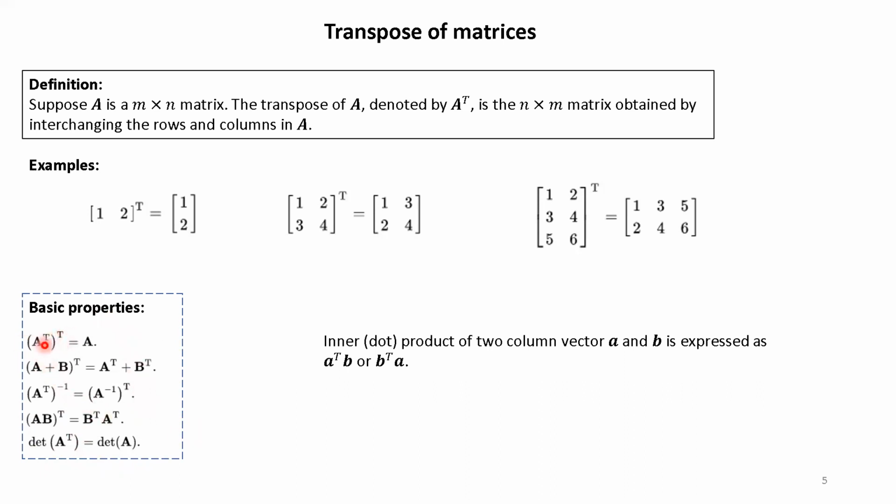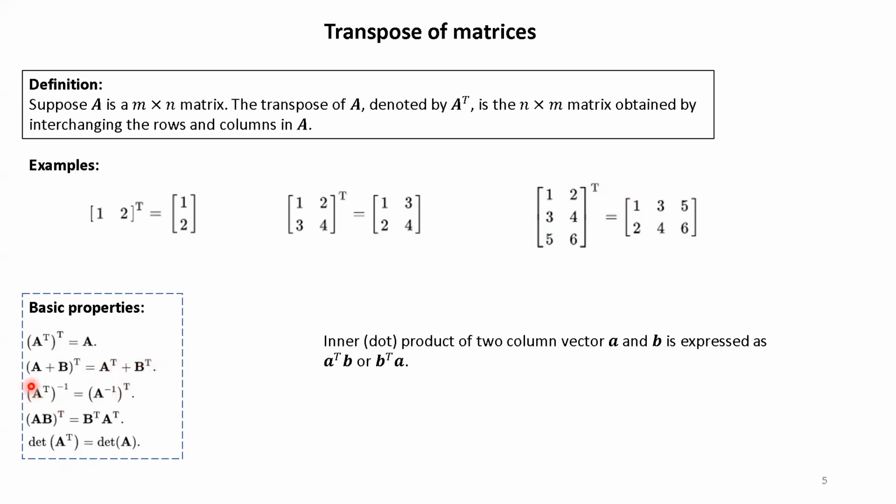And then the basic properties are over here. I'm not going to prove them, but what you can see is that if you take the transpose and then take the transpose again, it becomes itself. Take this matrix example: take the transpose, it becomes this one; take the transpose again, it goes back to this one. If you sum 2 matrices and take the transpose, it equals taking the transpose of the 2 matrices individually and summing them up.